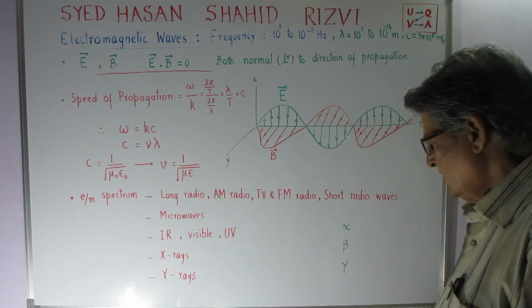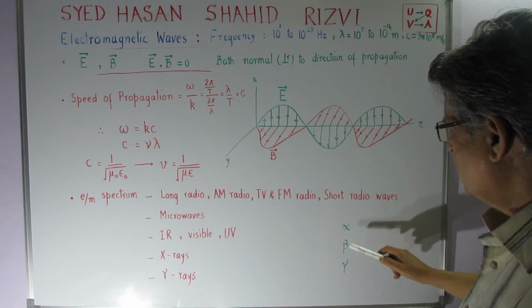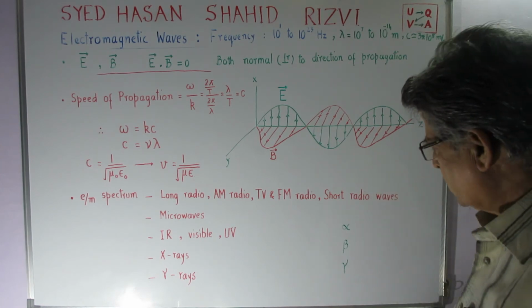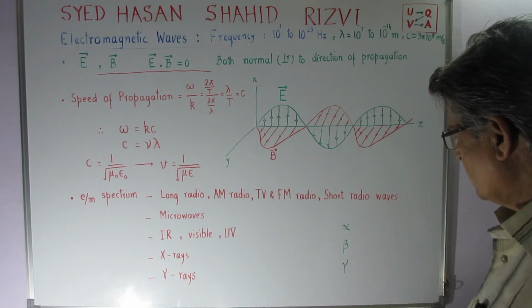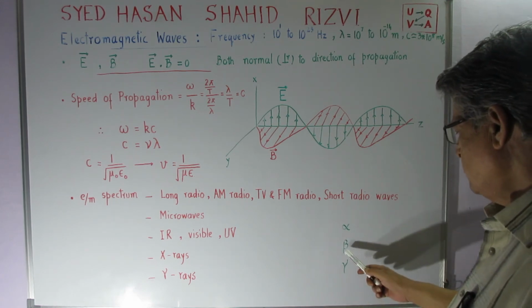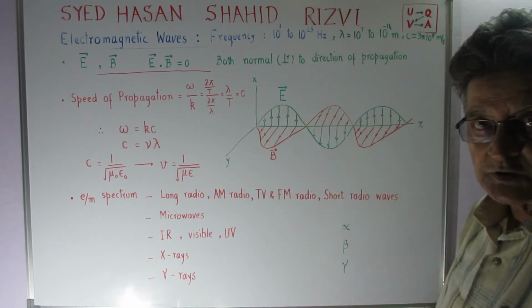Then we have, if you remember in earlier classes, alpha, beta and gamma. But alpha and beta are particles. Alpha is doubly ionized helium, beta is electrons, and gamma is EM radiation.